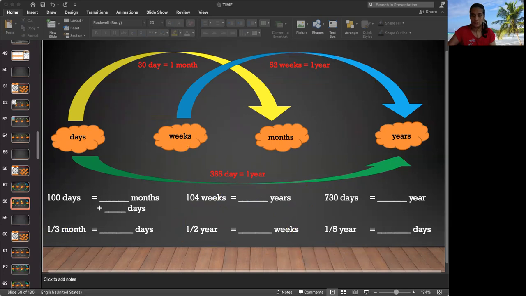So I'm clearing the drawing and we're looking into the third question here, which is the jump between days and years. Over here, 365 days make 1 year. So how many years are there in 730 days?